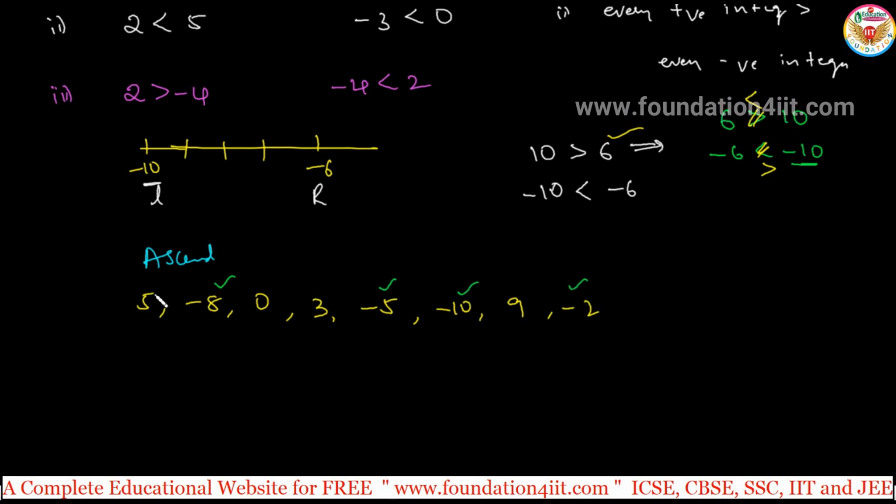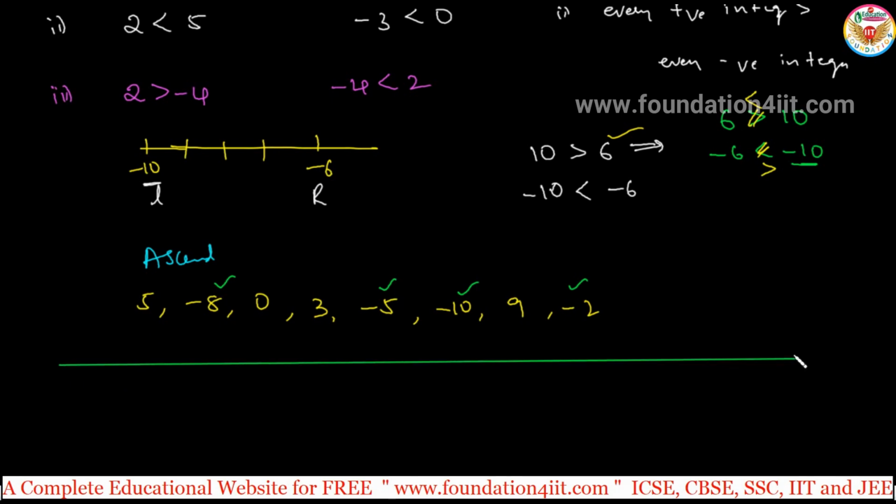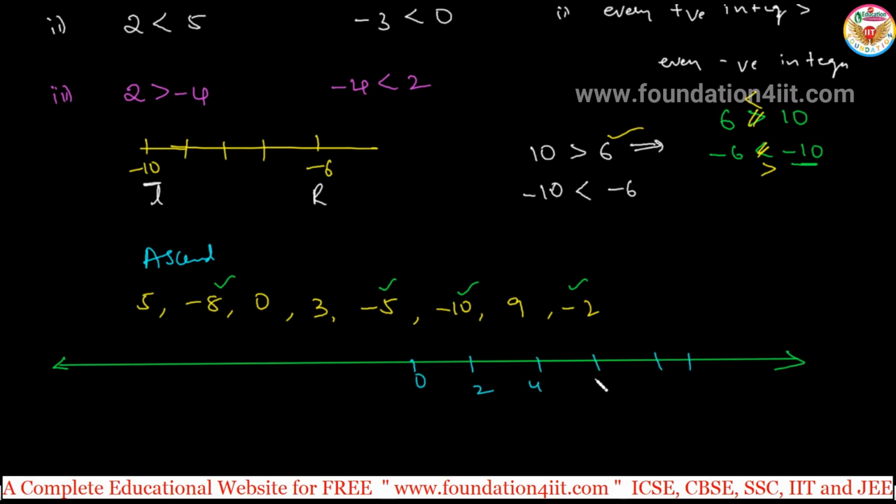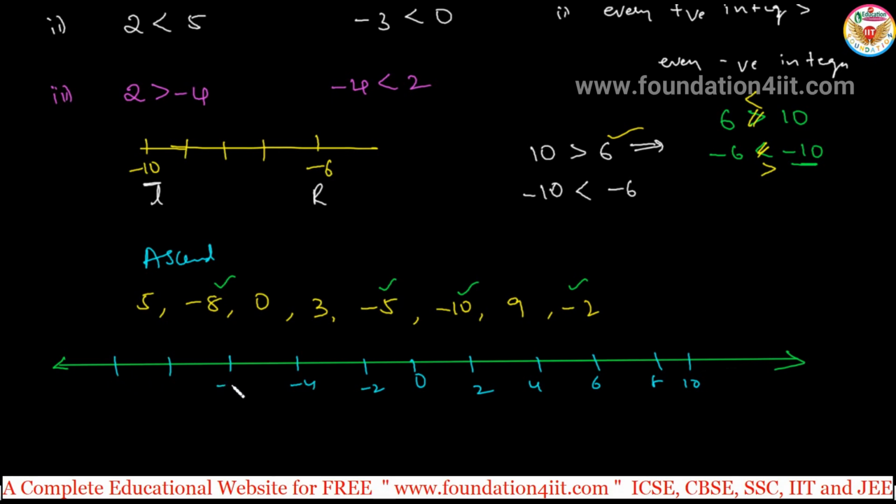If you notice the number line, here is 0, and this side has the positive values. Let's take 2, 4, 6, 8, 10. I'm giving a gap to adjust all. Negative 2, negative 4, negative 6, negative 8, negative 10.